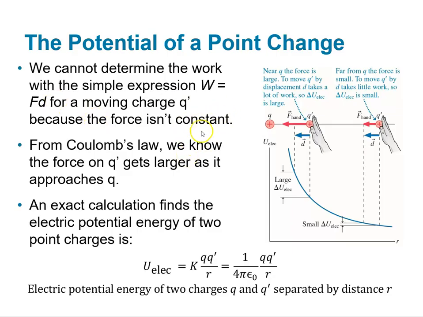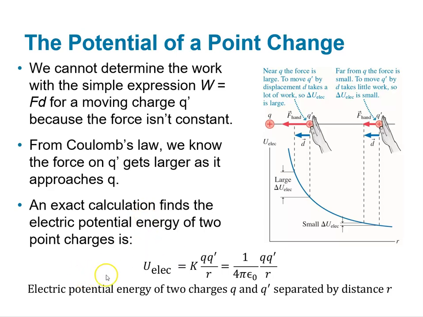Coulomb's law says that force is equal to Q times Q prime times K divided by R squared. So work is force times distance, so distance is going to cancel out. So when you want to get potential energy, it's K times Q times Q prime over R.